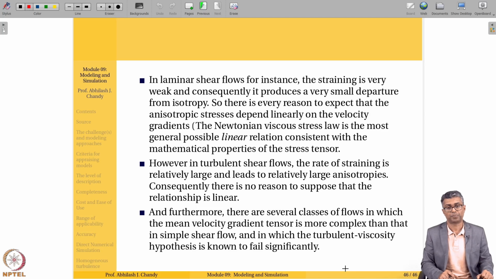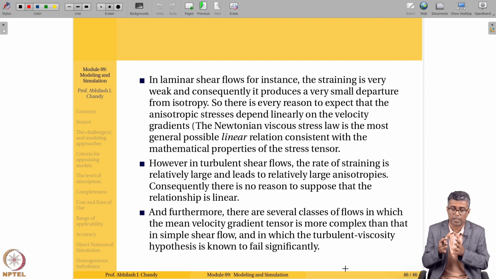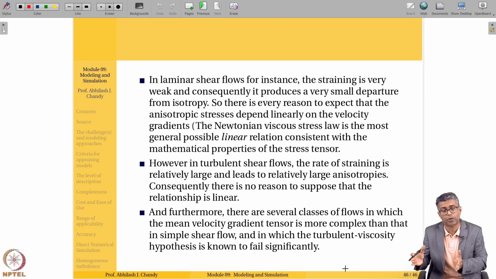So what we have done in this module is that we have looked at the challenges and modeling approaches, right? We have looked at what were the different criteria for appraising the model. Then we moved on to direct numerical simulation and saw what was the cost associated with it if we do a fully accurate DNS, and where most of our cost is spent.